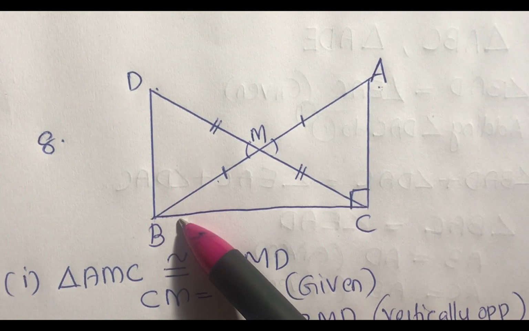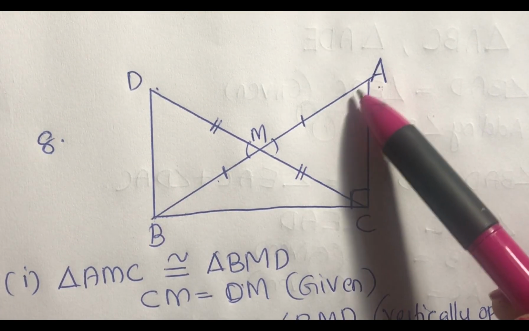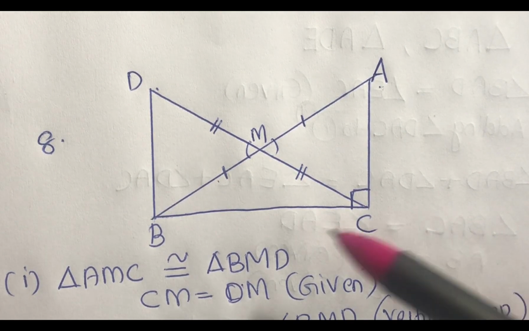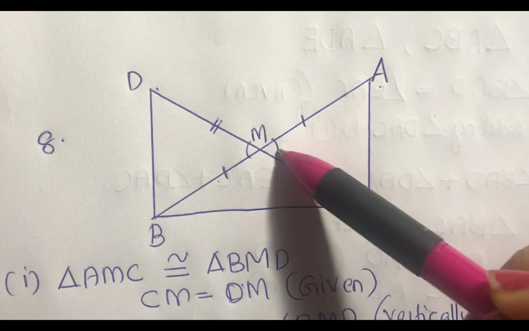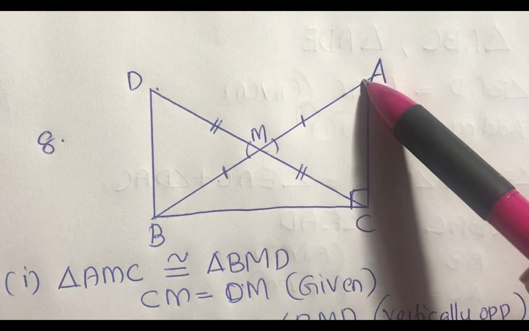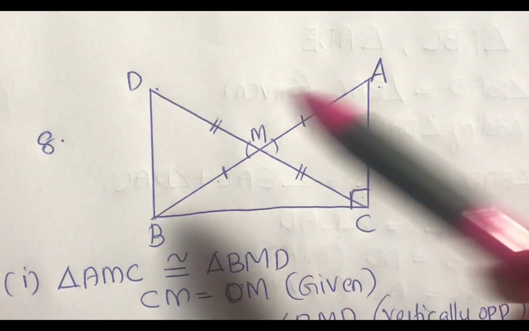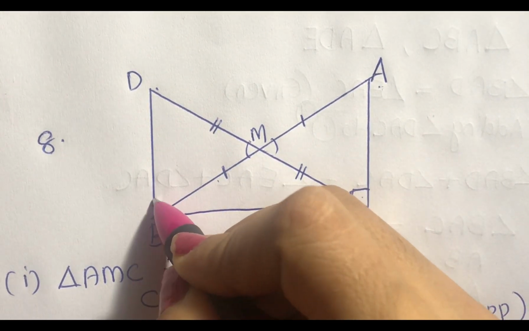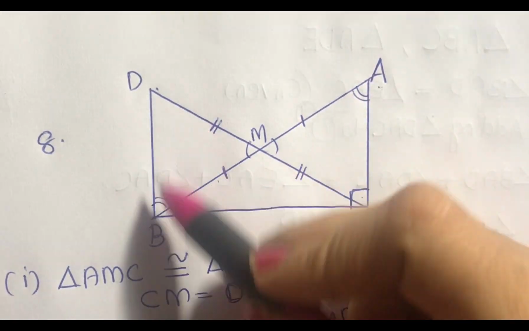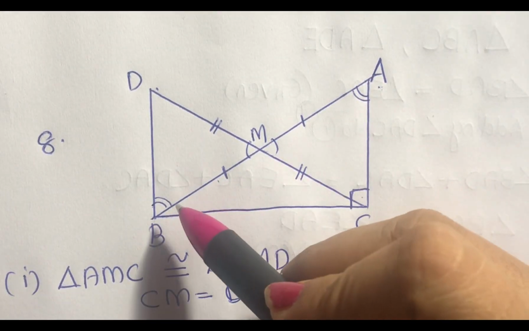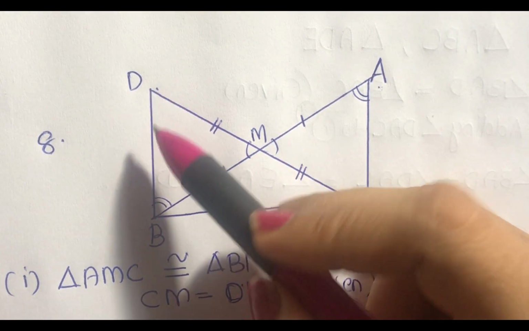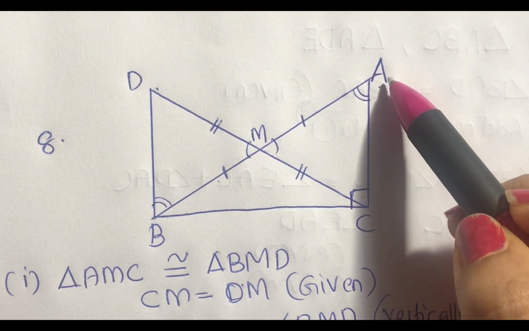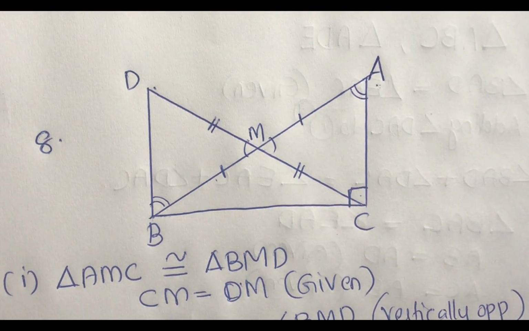Now in this we have proved triangle AMC is congruent to triangle MBD. According to CPCT, angle MAC and angle MBD will be equal. If these two angles are equal, these are alternate interior angles.